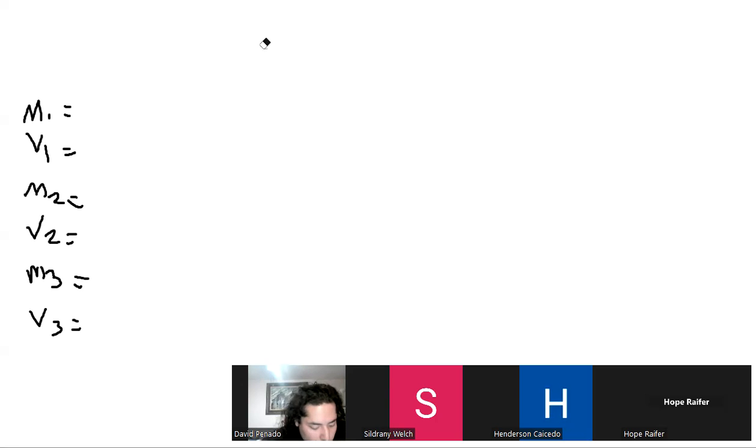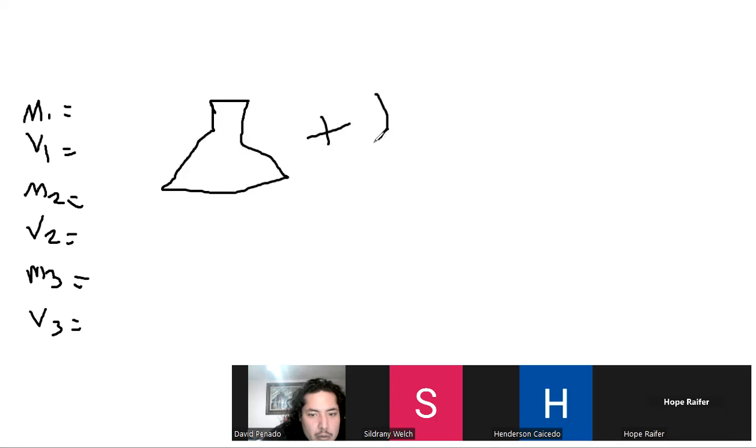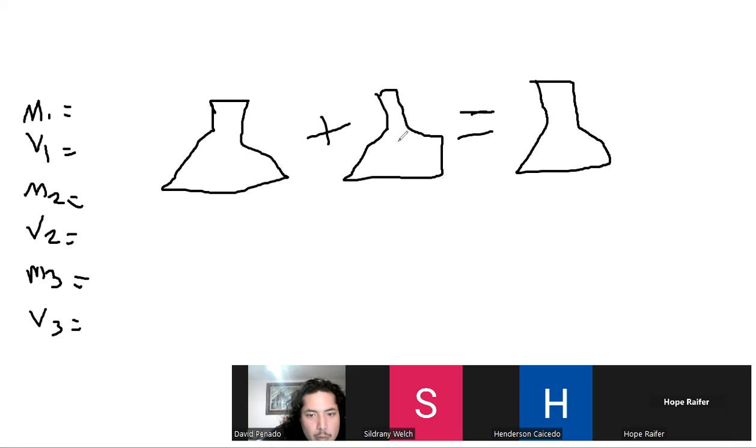I'm a bad drawer, so each one is a flask, plus another flask, and you get another flask. What we're mixing is a substance. It's like we mixed HCl yesterday and then magnesium, and then we stirred it up, remember?